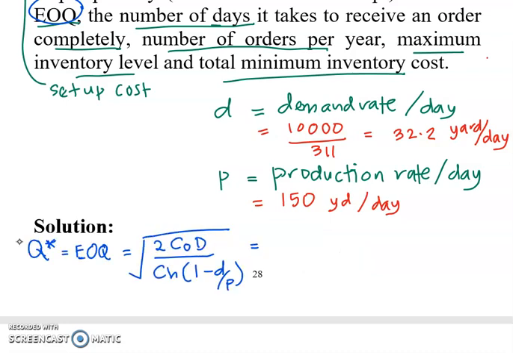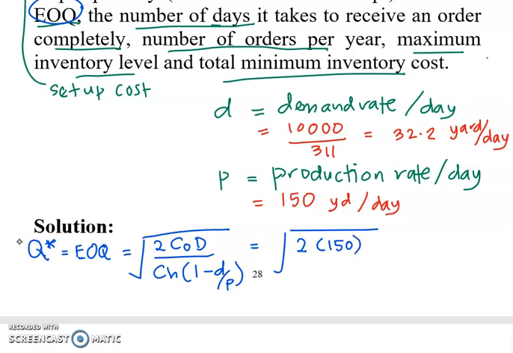Substitute all the information into the formula. So we have 2 times the ordering cost, which is 150. Remember, ordering cost here is the setup cost.